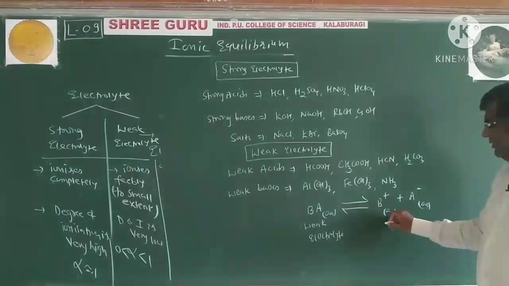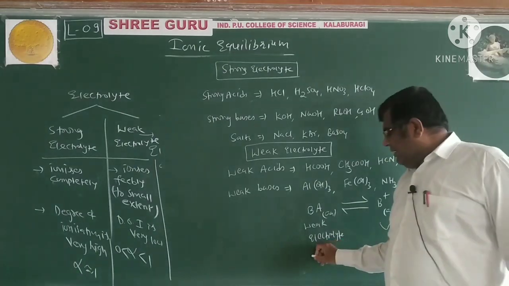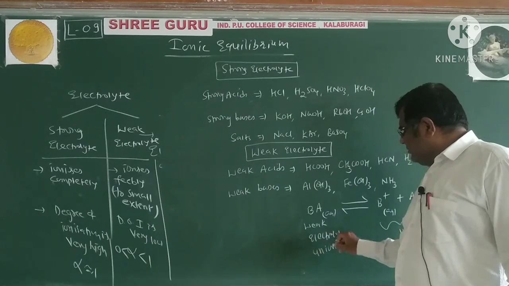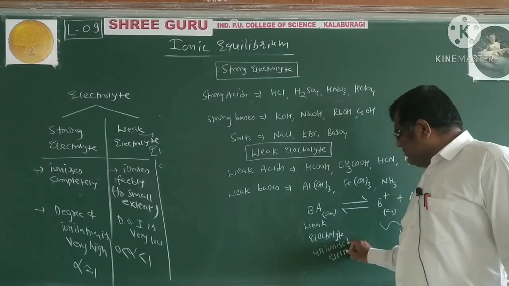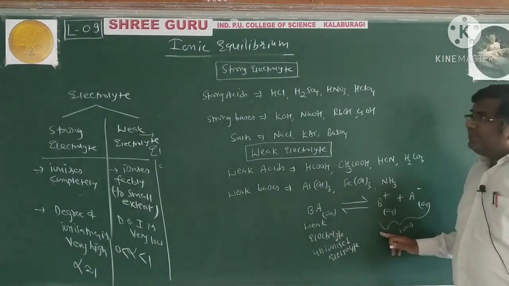And at equilibrium there are ions and there is unionized electrolyte, which is the weak electrolyte.